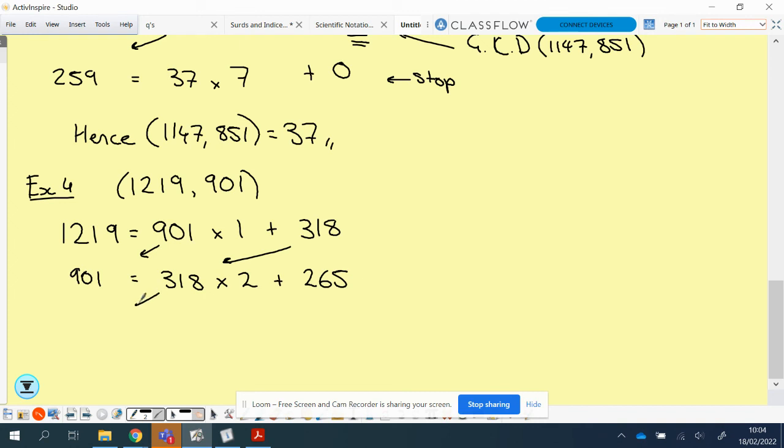Repeat the process. Move the 318 over. That's going to be 265 times. Well, we know it can fit in once just by looking at the numbers there. The remainder we'd be left with would be 53. Okay. So again, still no remainder 0.